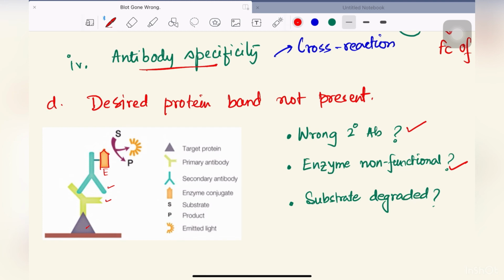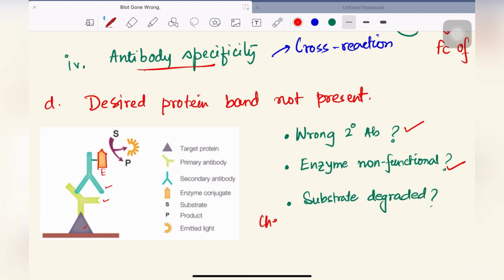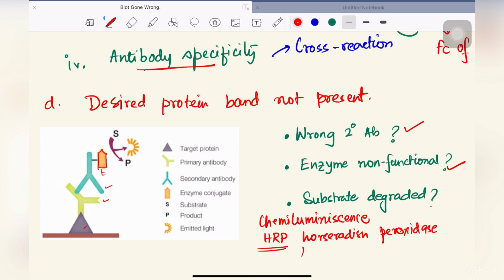In case of Western blot, the mostly used detection technique is chemiluminescence. I had discussed this in my previous video as well. And in case of chemiluminescence, the mostly used enzyme is HRP, horseradish peroxidase. There are substrates, luminol and H2O2, which are used by this HRP to give the chemiluminescent signal.